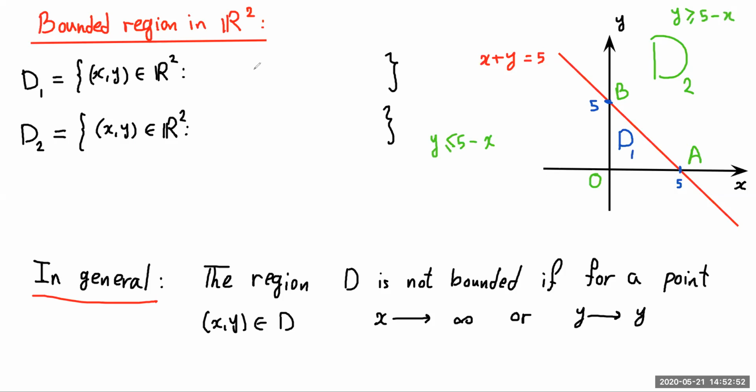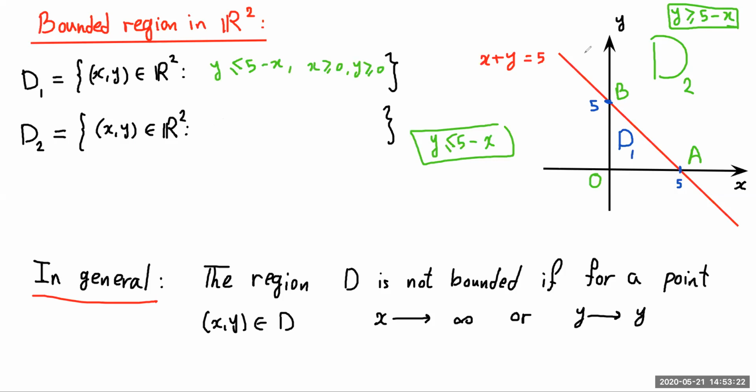So the region D1 is given by y less or equal to 5 minus x, and I will suppose that x is positive and y positive or 0. This is D1. So what is D2?